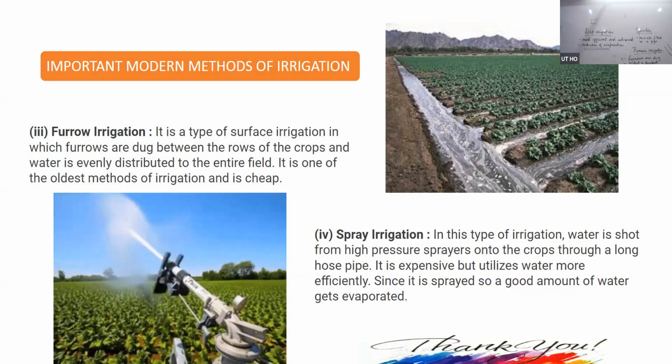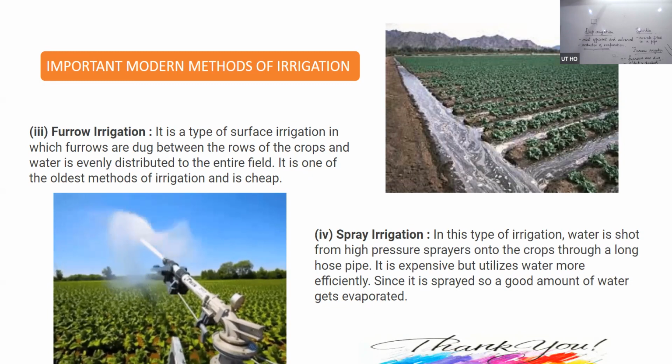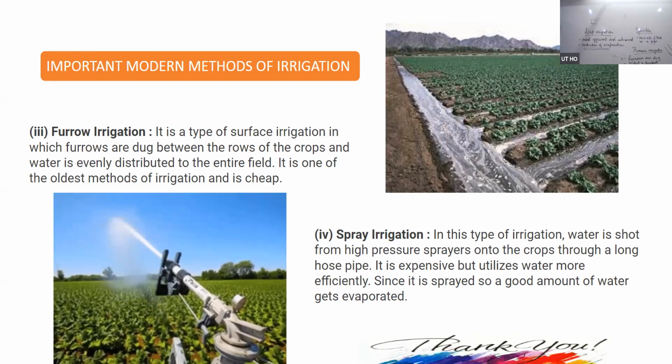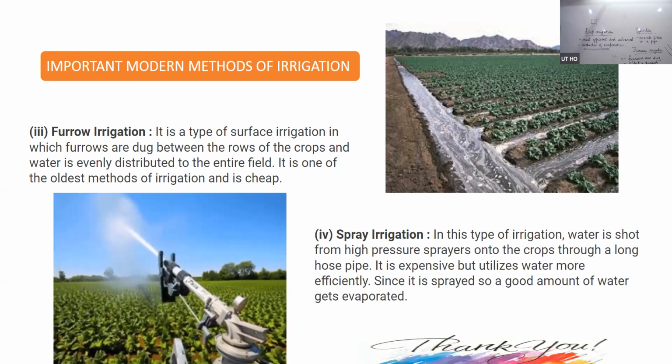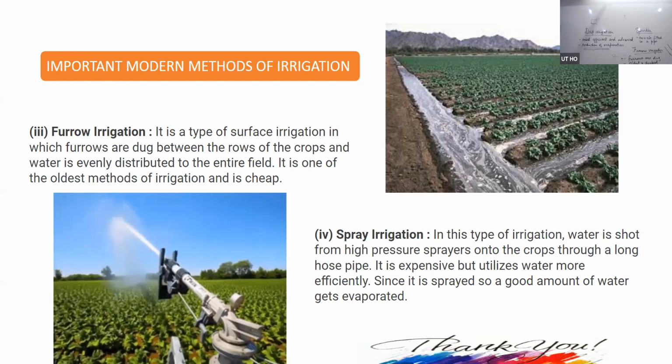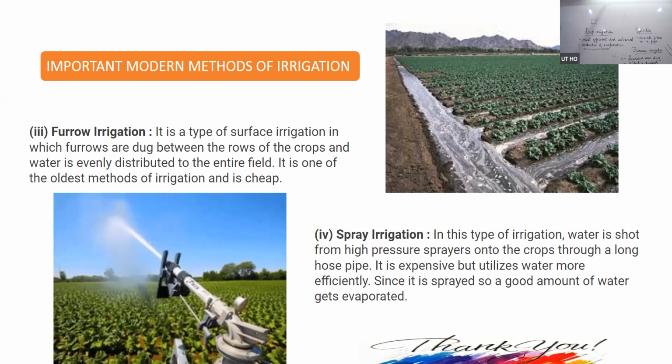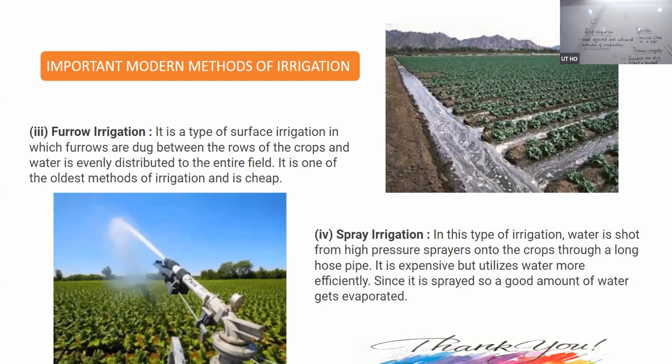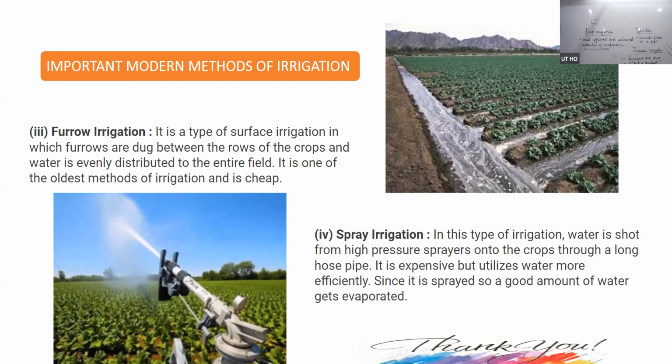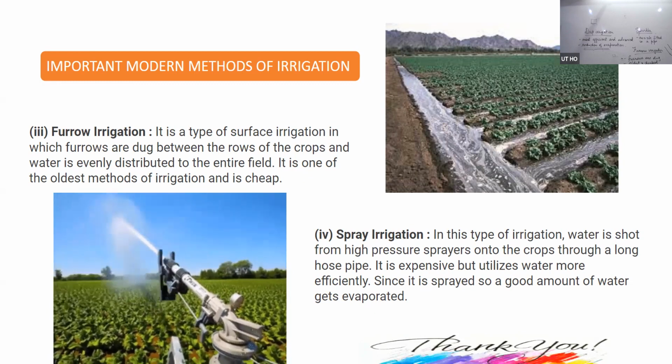This would actually depend on the water source. Usually in areas where water is easily available it works, but the disadvantage is that in case of lack of availability of water, furrow irrigation will not work efficiently.